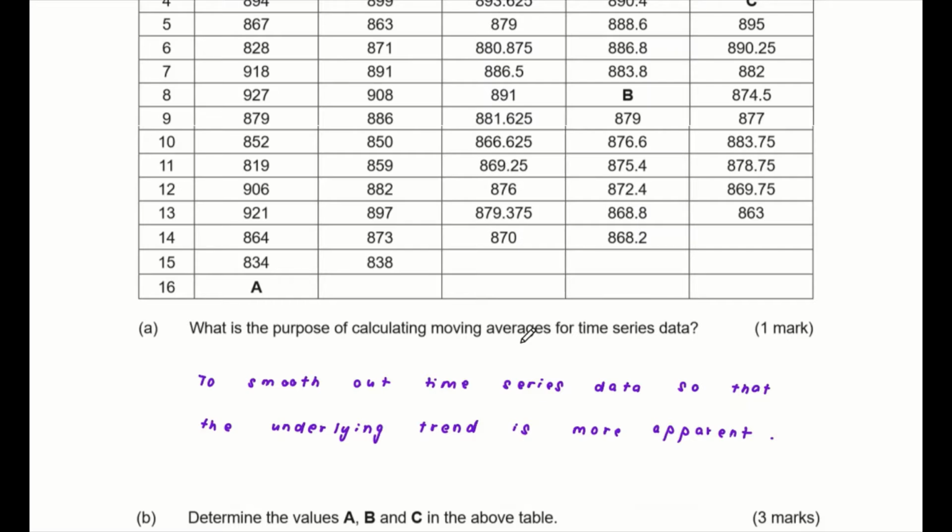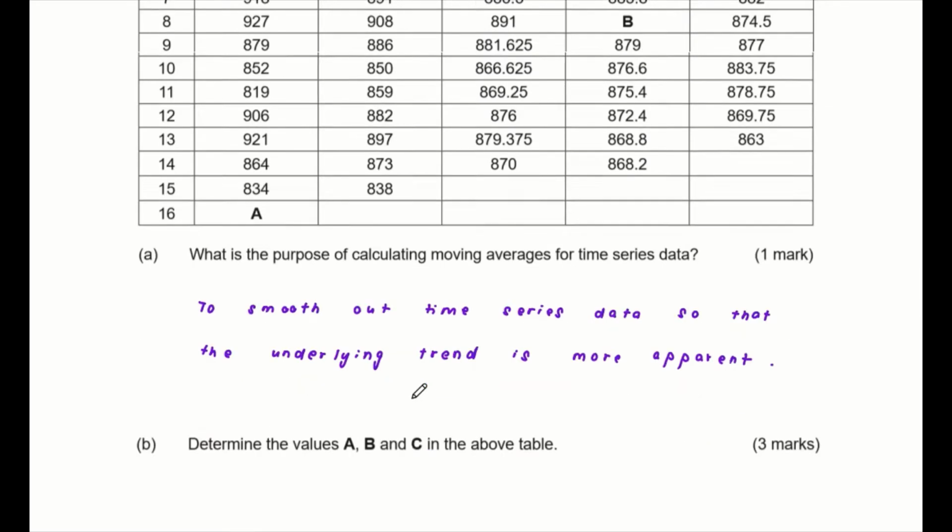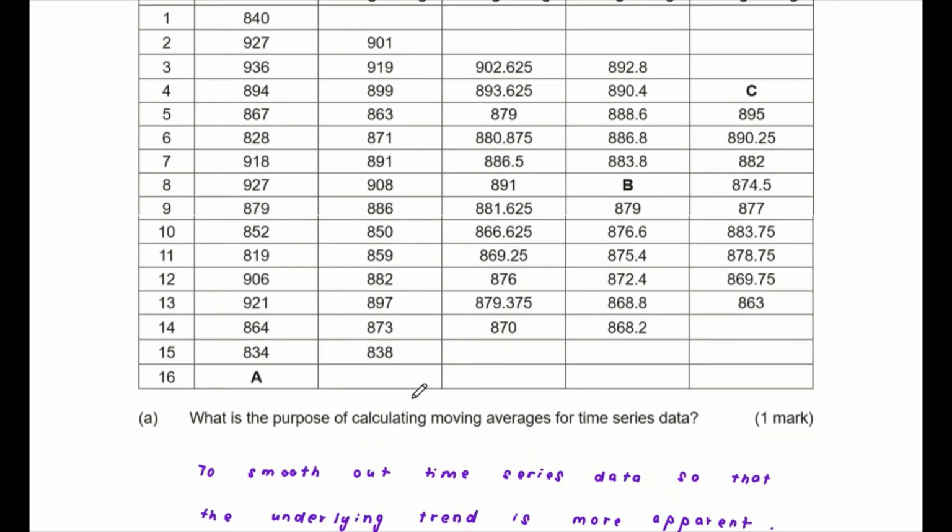So in moving average, it is more accurate to say smooth out the data rather than remove the seasonal effect, because removing the seasonal effect is more accurate in the context of deseasonalization. Okay, so part B, determine the values A, B, C in the above table.